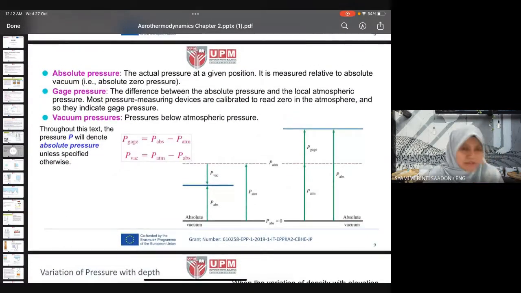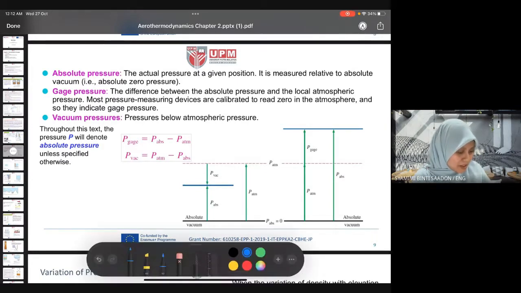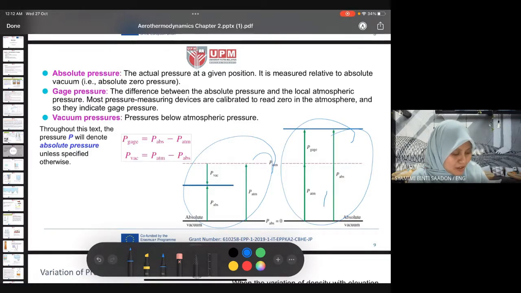We also have these definitions of pressure: absolute pressure, gauge pressure, and vacuum pressure. You have to know these definitions. They are also explained in this graphic figure, which may be better for understanding. Gauge pressure is the difference between the absolute pressure and the local atmospheric pressure.